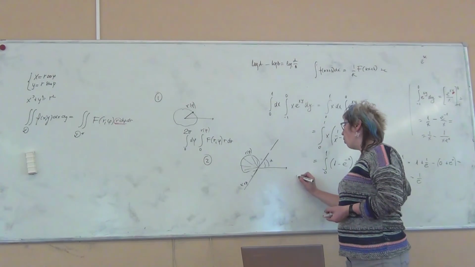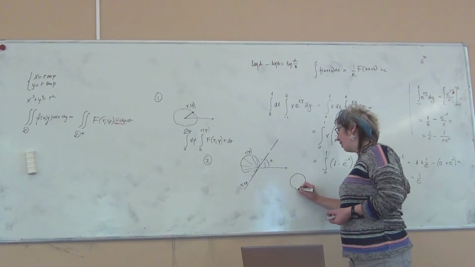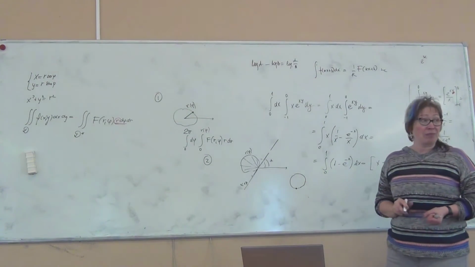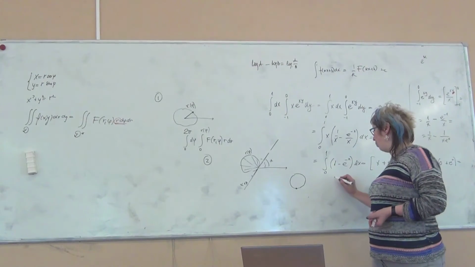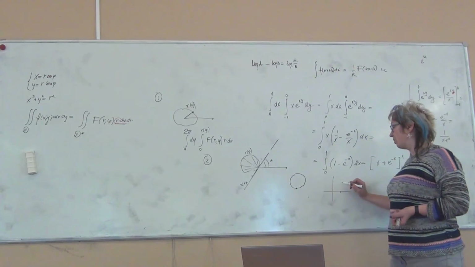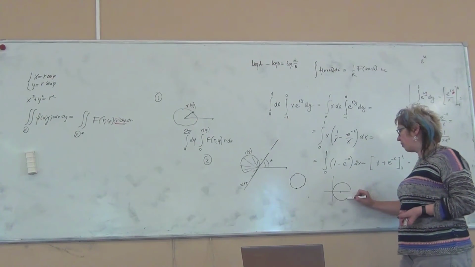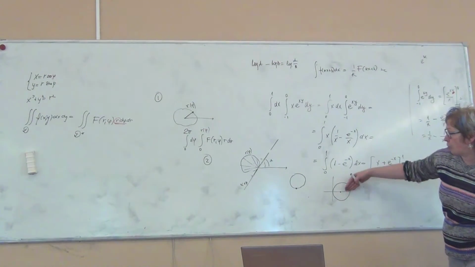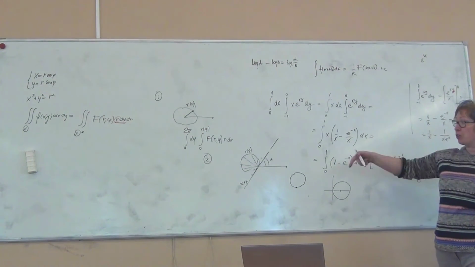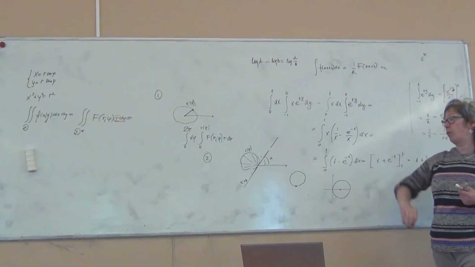For example, when you have a circle passing through the origin, as we have sometimes, we have the circle with the center on the x-axis, for example, a circle like this. So we can integrate from minus pi half to plus pi half. It depends on the slope of that tangent.